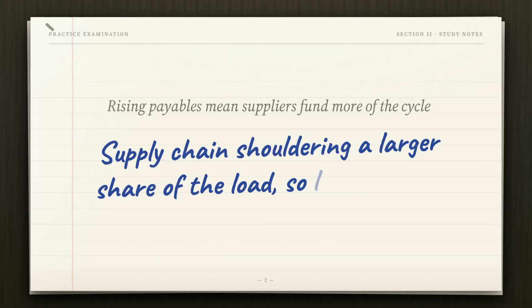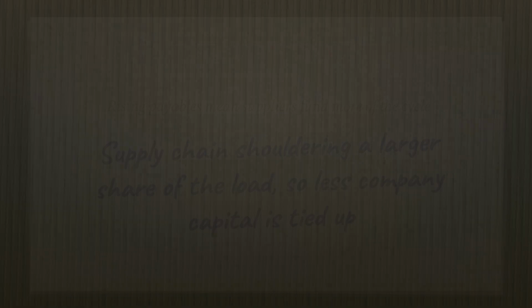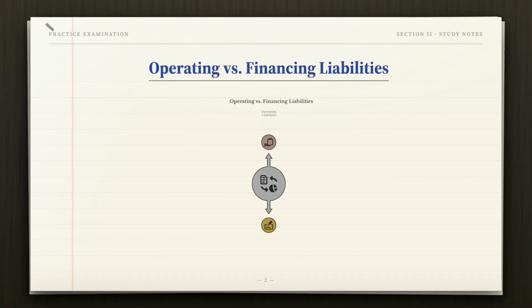When accounts payable rises, suppliers are financing a bigger share of the inventory and receivables the company carries. That means the company itself has to supply less capital, so net operating working capital falls. A rising payable is the supply chain shouldering more of the load. Not all liabilities are equal in the eyes of this measure.